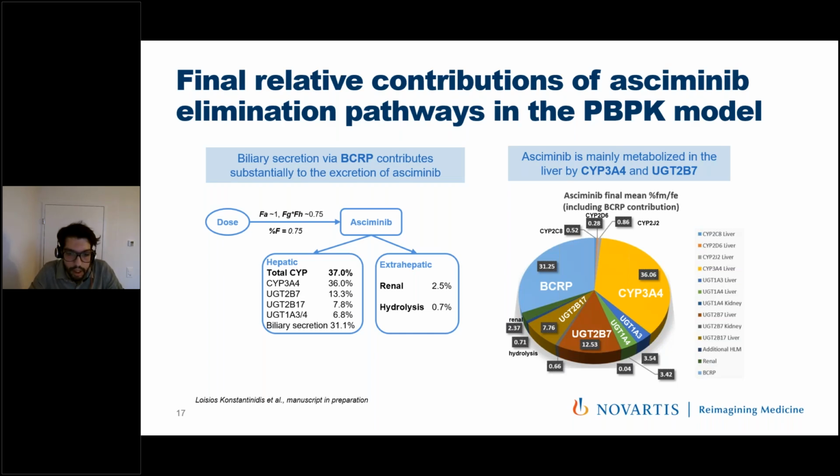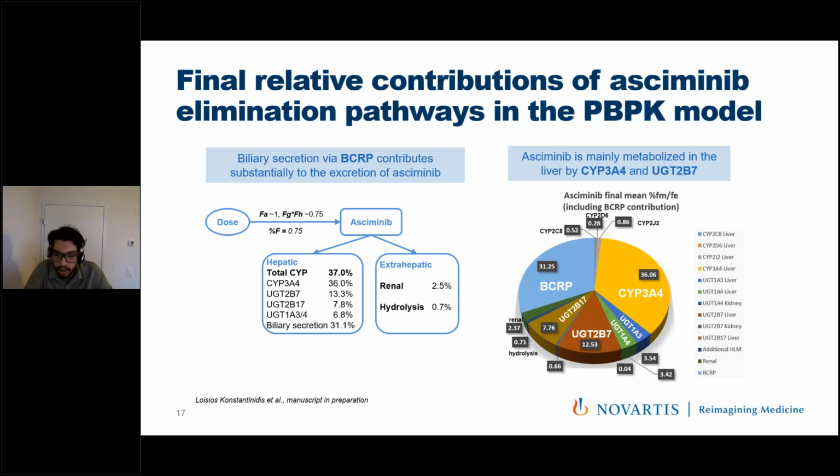The absorption is expected to be complete in the whole dose range of 40 to 200 milligram in the fasted state, and then there is about 25% of first pass metabolism in both gut and liver, which leads us to a predicted bioavailability of about 17.3%.